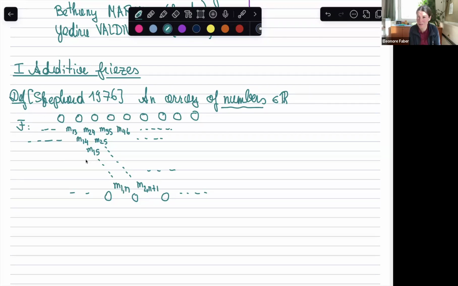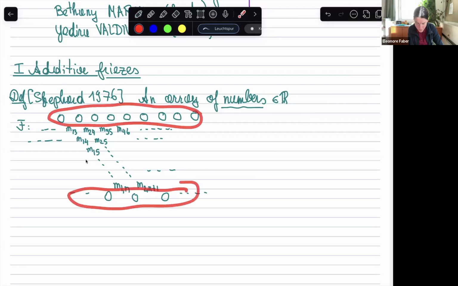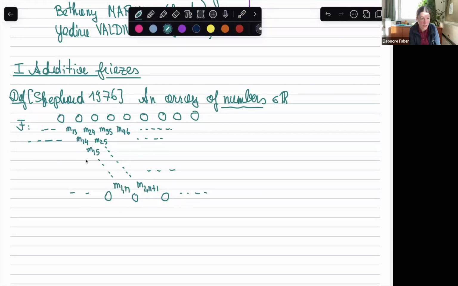So actually you could also do groups here, but let's stick to R. And it has this frieze form as in the multiplicative case, but for people who know about multiplicative friezes, we start with a row of zeros and end with a row of zeros instead of the rows of ones. And these entries have to satisfy a rule. So these satisfy the frieze rule, or the additive frieze rule, I should always say.